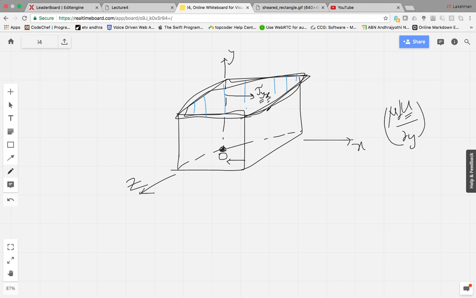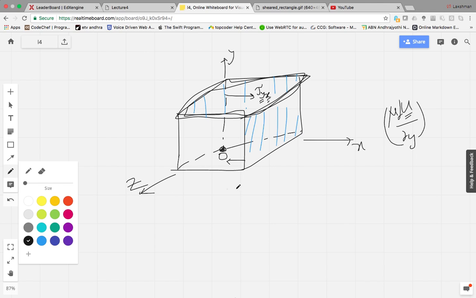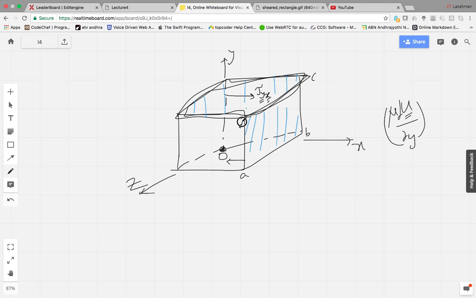Following the same thing, if I ask you for the shear force on this particular face, which is the right face, I'm not sure whether it's clear to imagine. Let me make some convention. This is A, B, C, D. On the face ABCD, if I want you to tell me the notation for this particular stress.